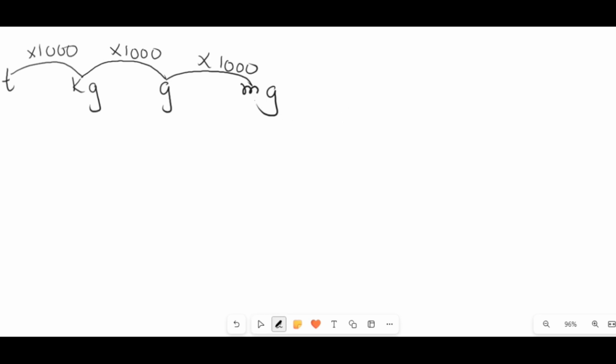And similarly, if you want to convert milligram to gram, let's make arrows to understand it even better.